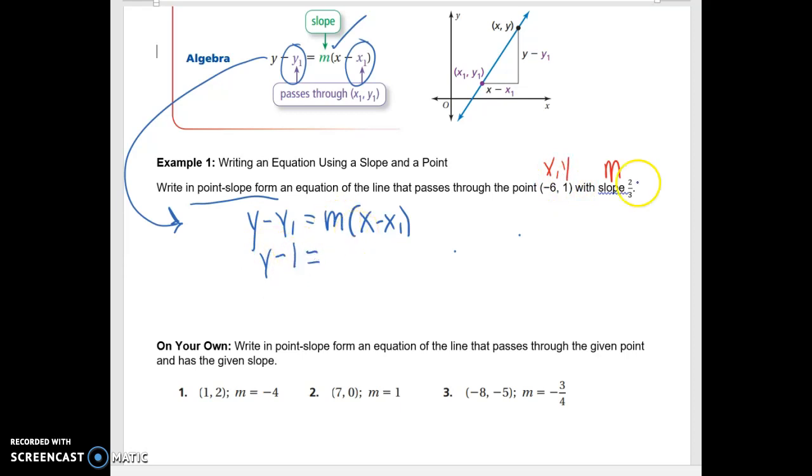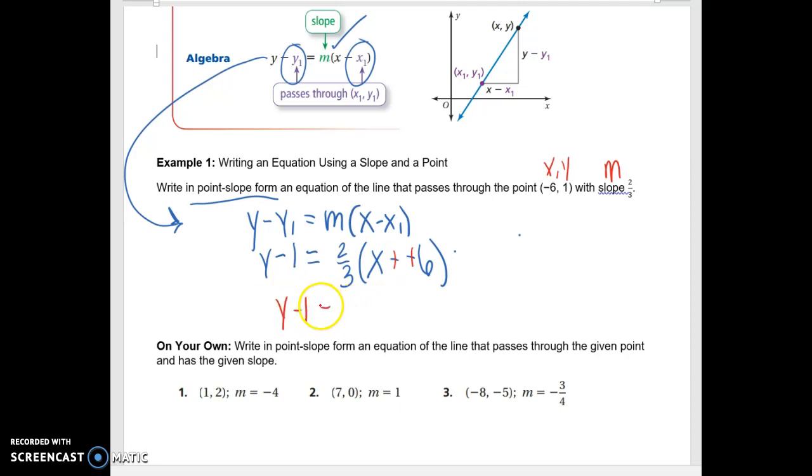Instead of m, I'm going to include my slope, which is 2/3. Instead of my x1, I'm going to include my x, which is a -6. And do not forget that you are subtracting and you're plugging in a -6. So you have two negatives next to each other, which we know if we do stay, change, those become positive.